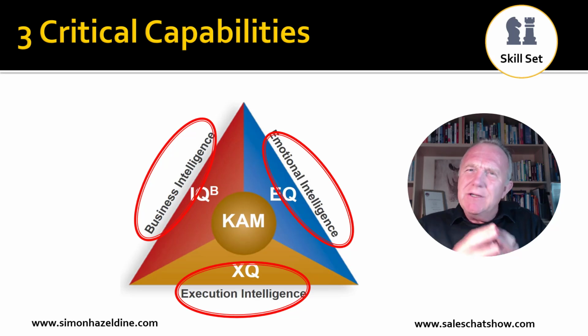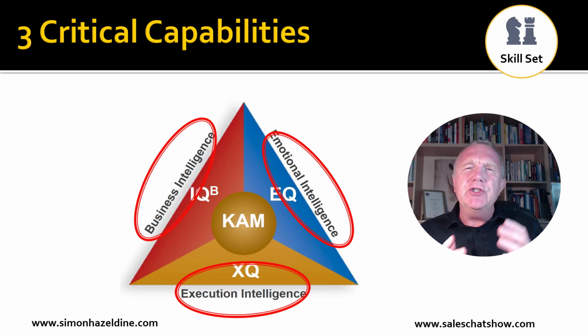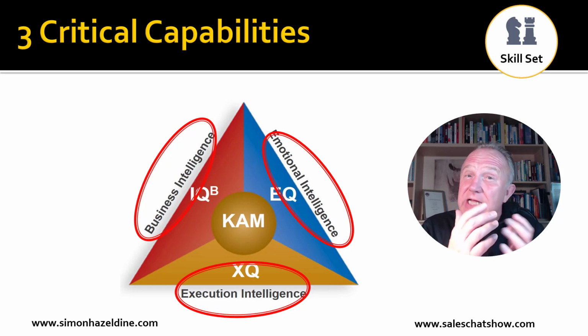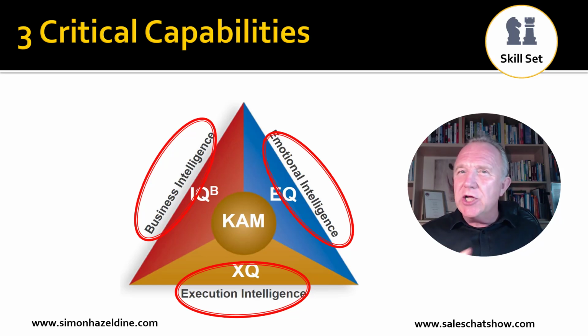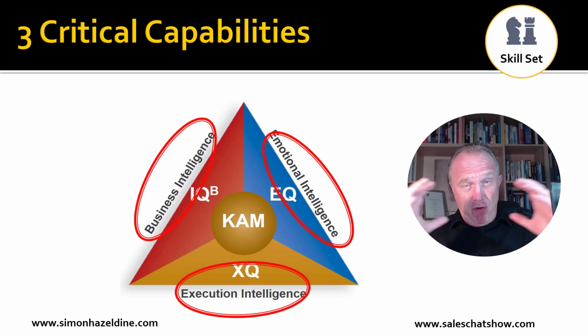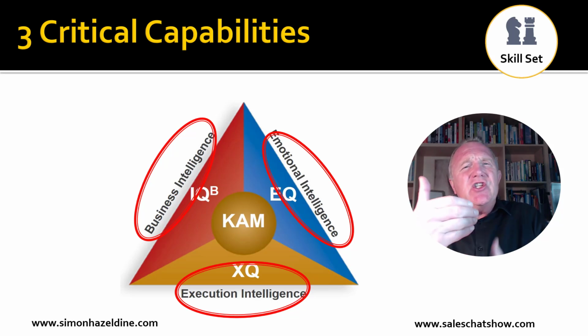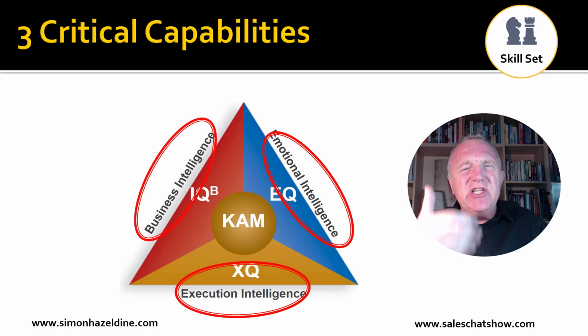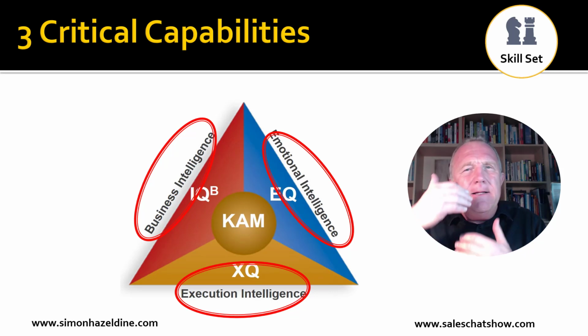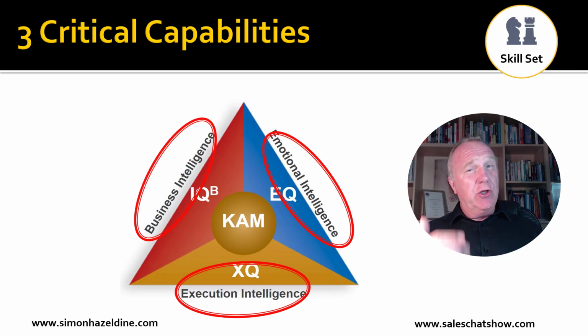So why don't you just give some thought to where you think you are and how well you're doing in terms of your business intelligence, how well you understand your customers, their strategy, and so forth, how good you are at building and developing superior relationships across your entire stakeholder map in your customers, and how successful you are at actually executing your account plan, the strategies and tactics that you want to put in place to make things happen in your customers.